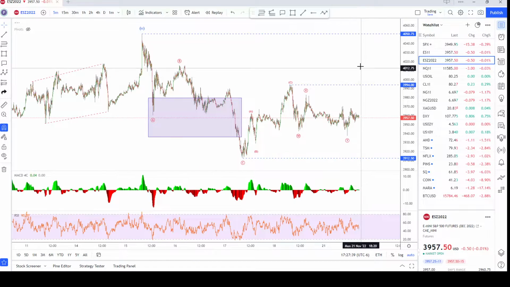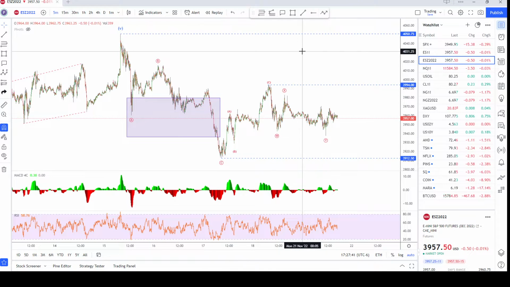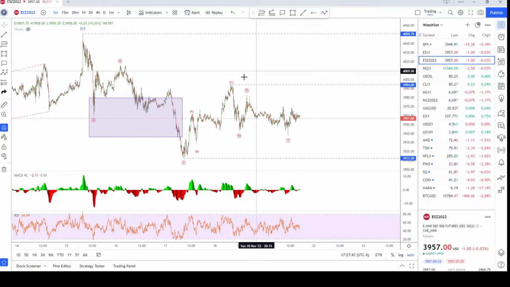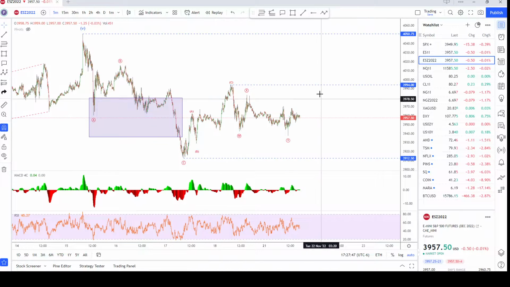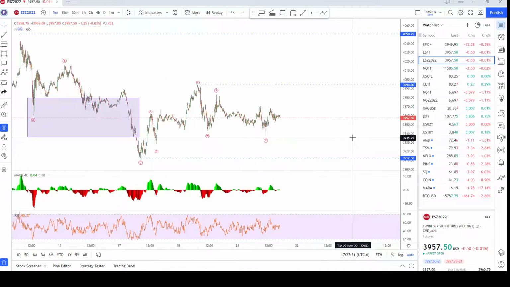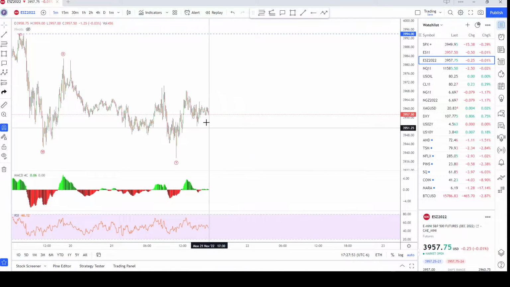But it might not come up to break this top. Because we've got 3 waves down, this could be just a big correction in here and then coming down. So keep an eye on this area here; it could be done.